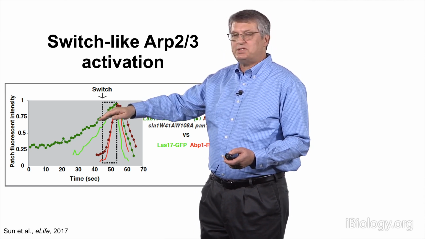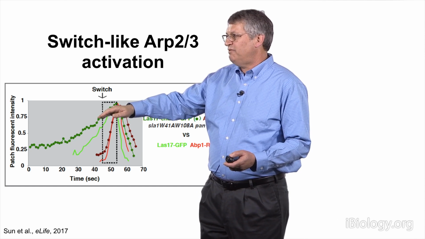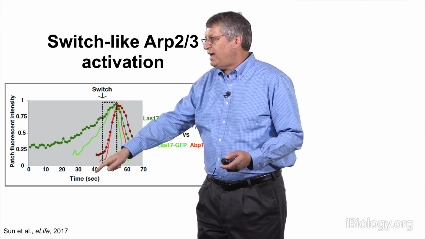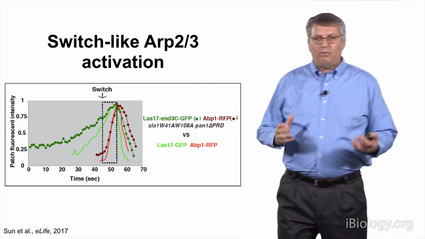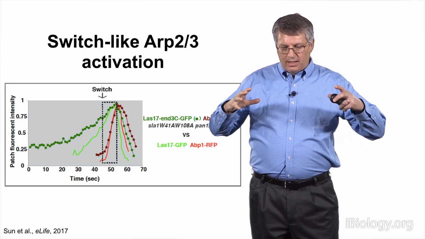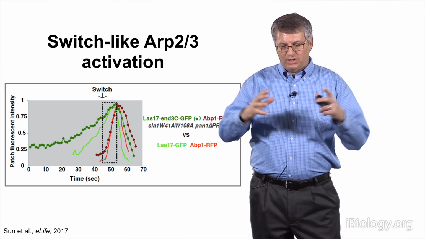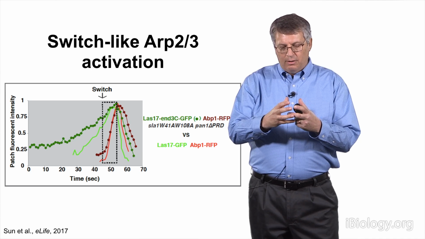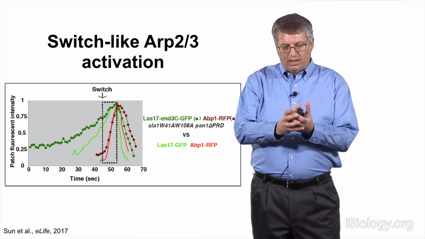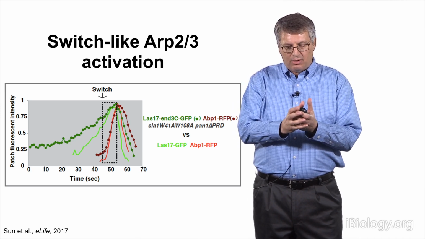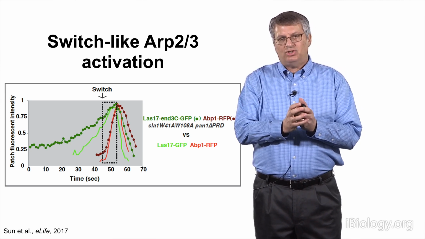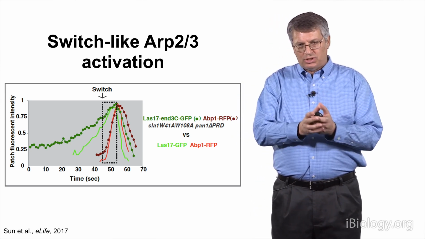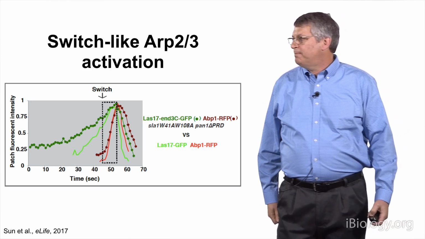You needed more, which wasn't surprising because it had lost its multivalency, but again, there was this sudden burst of actin assembly. And so from this, what we think is that there may be a phase transition involving these multivalent linker proteins that concentrate the Wasp and the myosin together at these endocytic sites, and that only when the concentration gets high enough is there a burst of actin assembly.